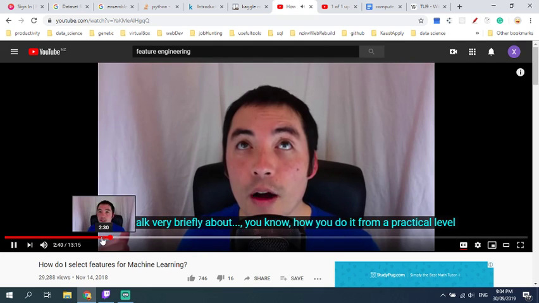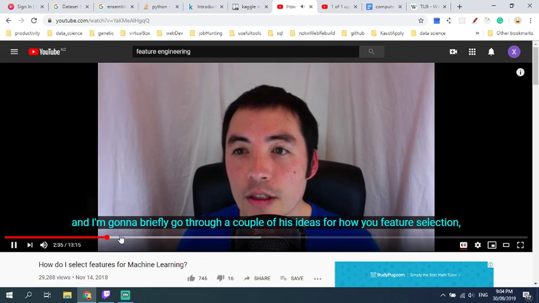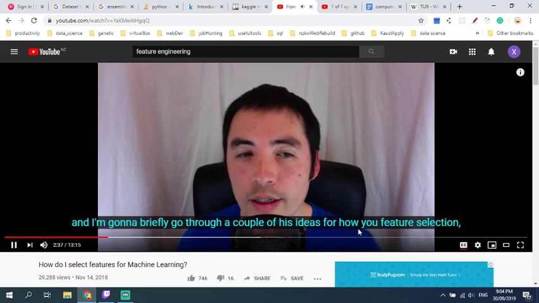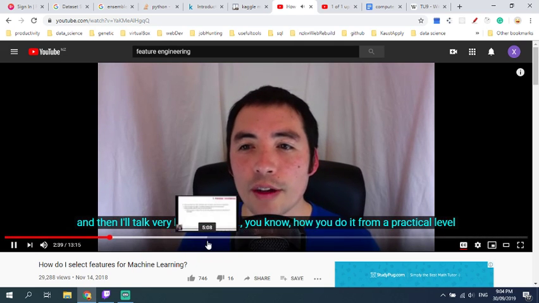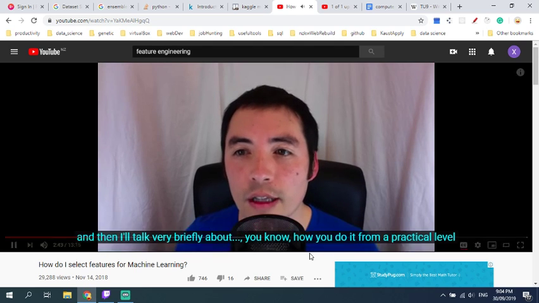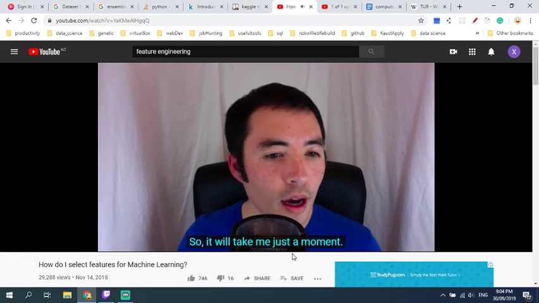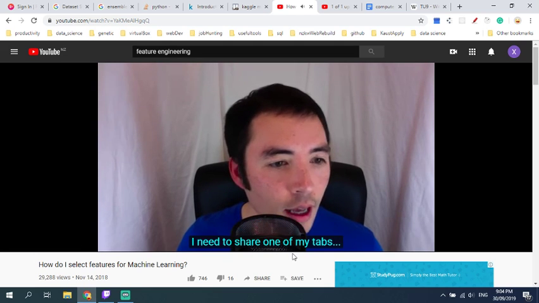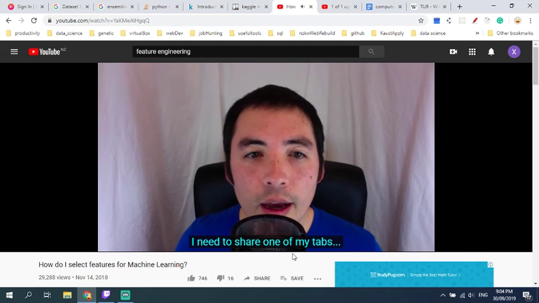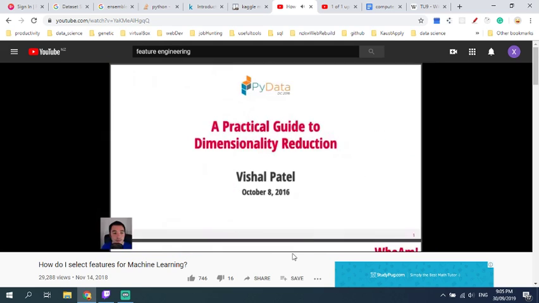It's called A Practical Guide to Dimensionality Reduction, with ideas for how you do feature selection. And then I'll talk very briefly about how you do it from a practical level, not just a high level. So it'll take me just a moment. I need to share one of my tabs, and let's do that.